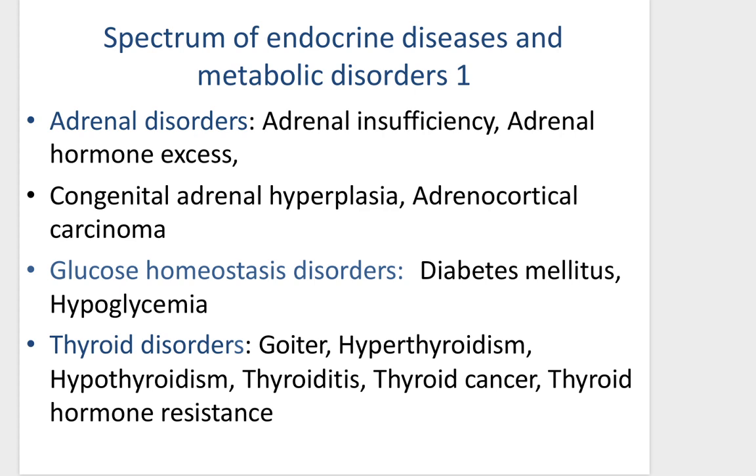And thyroid disorders: goiter, hyperthyroidism, hypothyroidism, thyroiditis, thyroid cancer, thyroid hormone resistance. All these disorders you will learn in the cycle of endocrinology in the 4th course. And now we will stop on main points about diagnosis of such disorders.